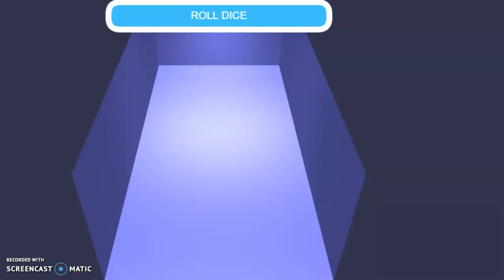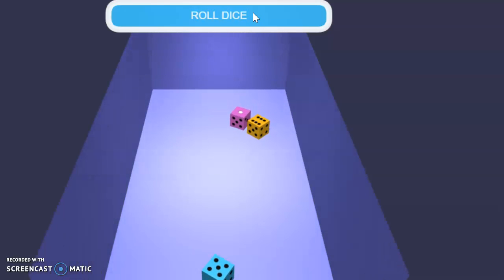All right, you should have your paper or your whiteboard all ready, divided into 4 sections, one going up and down and the other one going from left to right. And we are going to roll the dice. All right, my blue dice is going to be my hundreds.